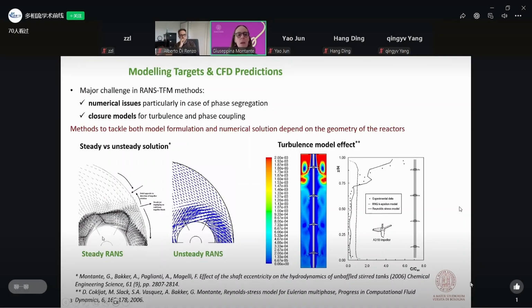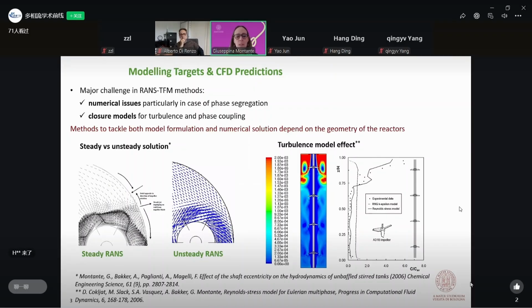In this case, we have an impeller that is off-centered with respect to the axis of the vessel, and in this case, the steady solution that typically works well for standard geometry vessels doesn't work. And in the other case, we can see a very wrong prediction of the solid distribution in an unbaffled stirred tank if we use k-epsilon family models instead of Reynolds stress turbulence models.